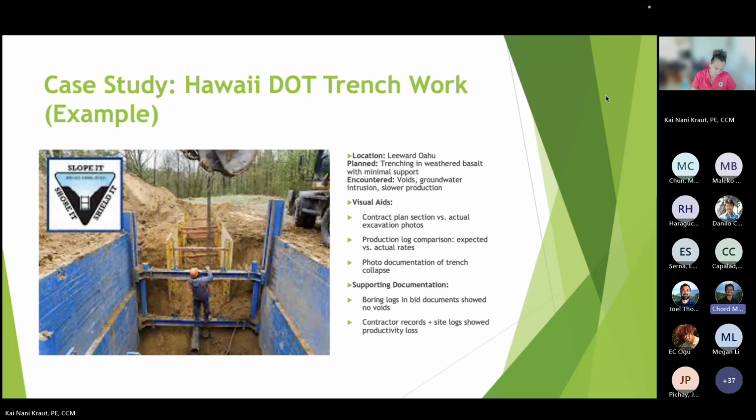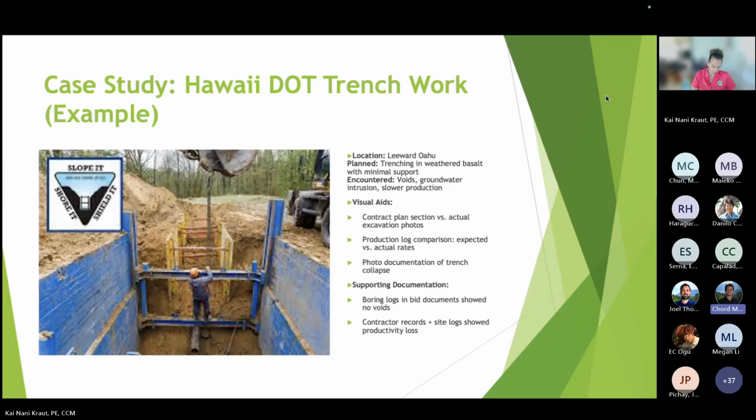So just wanted to paint a picture of something planned and expected, but what was encountered was different, providing a case study and example while also utilizing visual aids. And I know for the first two trainings, for the last training and this training, we harp on documentation to support your side and the justification for potential claims from the contractor in situations like this.